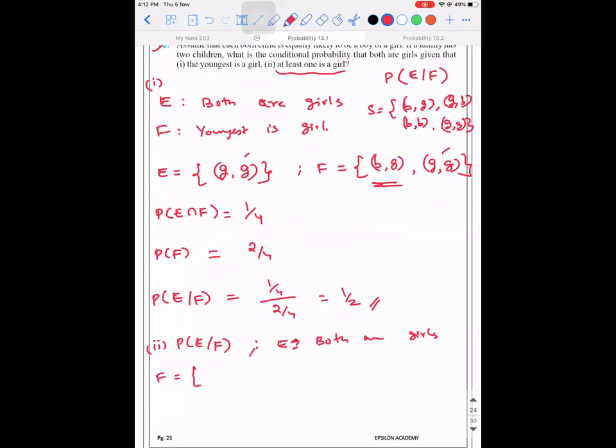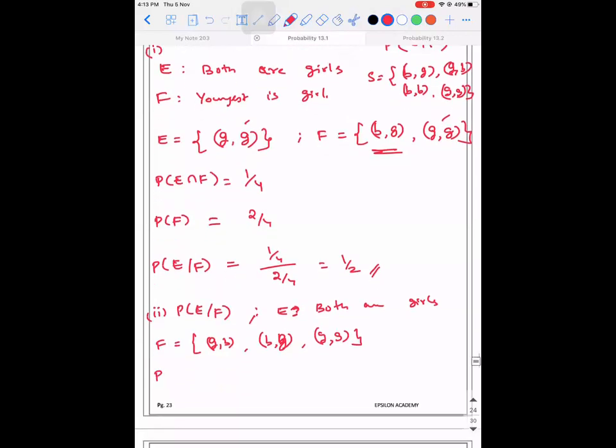So what will be the set? Girl-girl, girl-boy, boy-girl, and girl-girl. At least one, so it can be more than one also. So I'll directly write the probability of E given F. Both are girls means there's the intersection, 1 out of 3. That's it. So 1/3 is the answer.